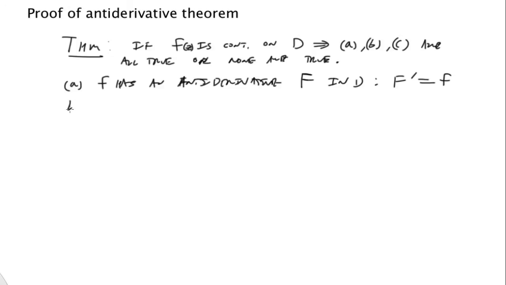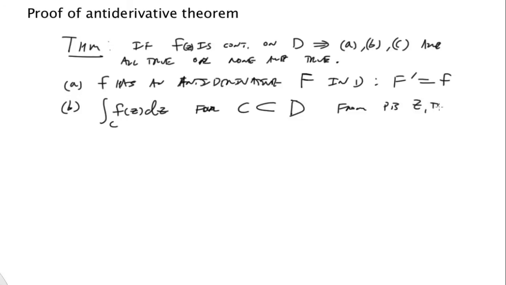The second statement is equivalent to the first statement, and that is that the integrals of the form f of z dz for contours that are completely inside our domain, from points z1 to z2, can be written as follows.